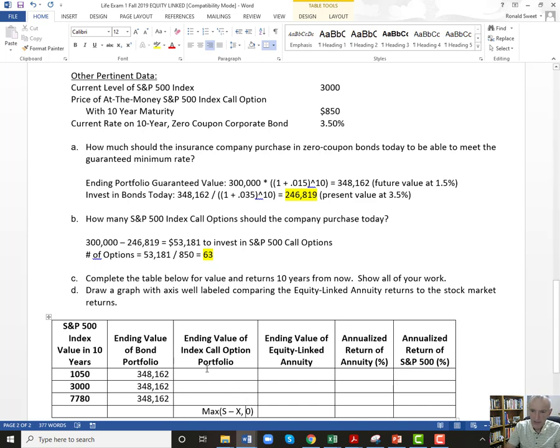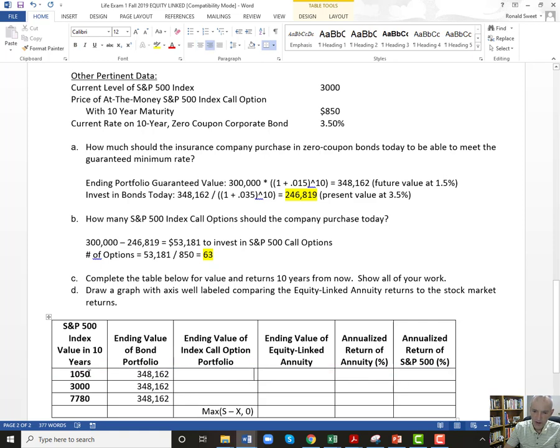And here we don't have to worry about the 53,181. We're just going to do the gain and loss of the option itself. So this is not actually the gain or loss on the option portfolio. This is actually how much the option portfolio is worth at the end, because we've already taken it out of 3,000. You'll understand that when we do the returns over here.